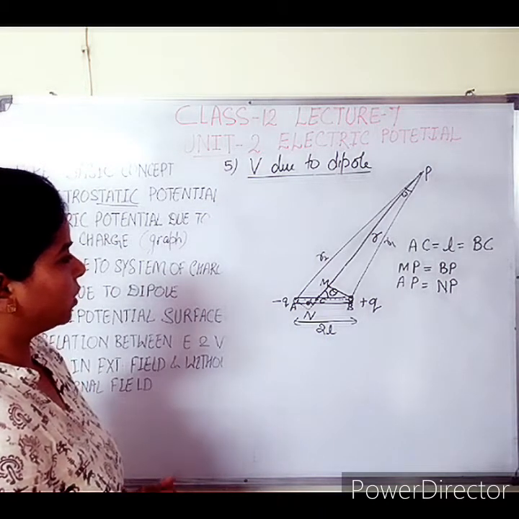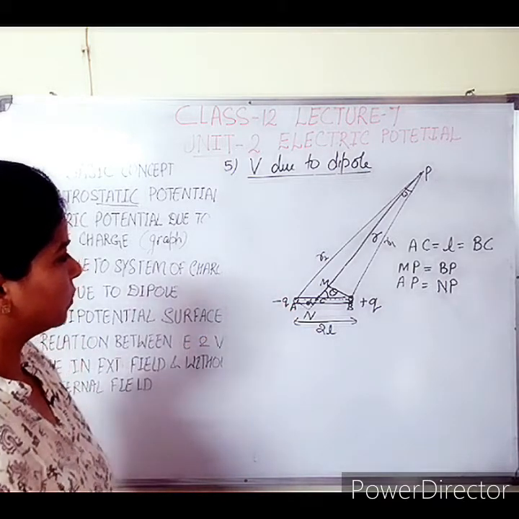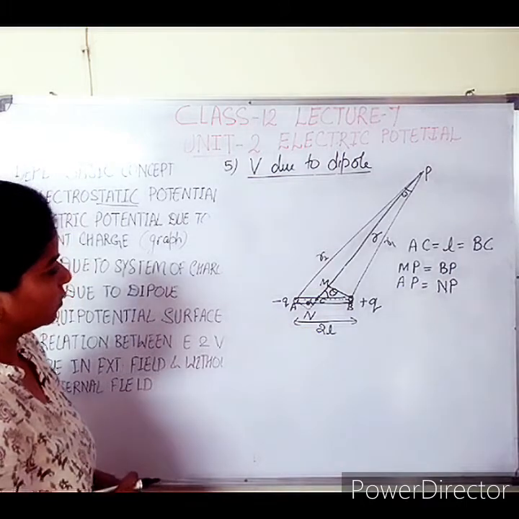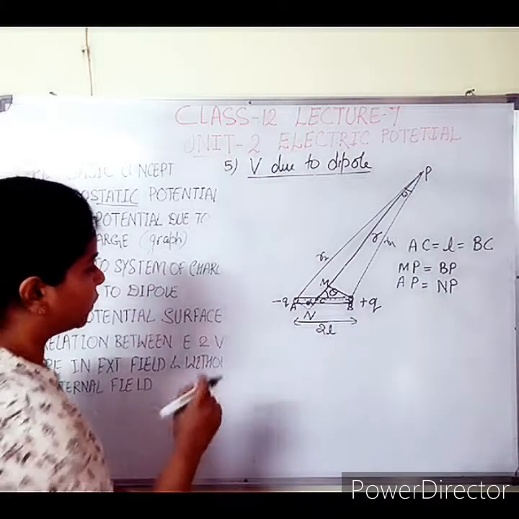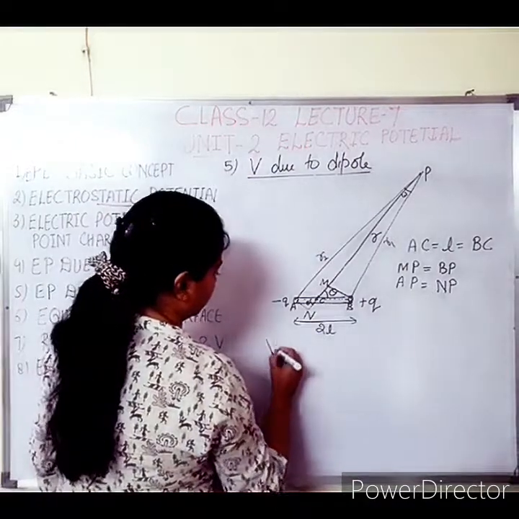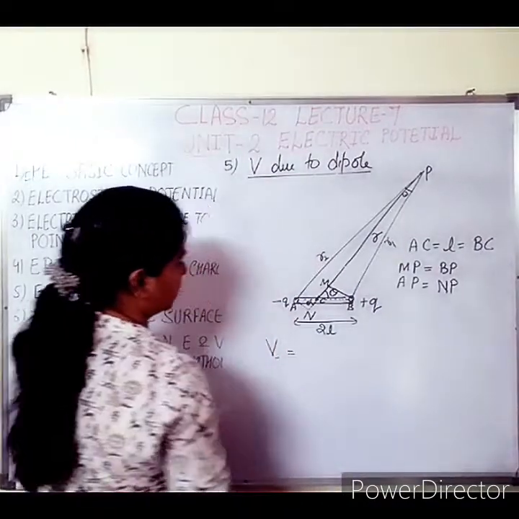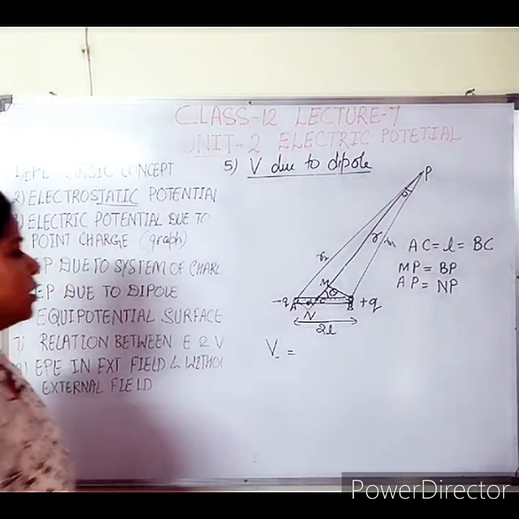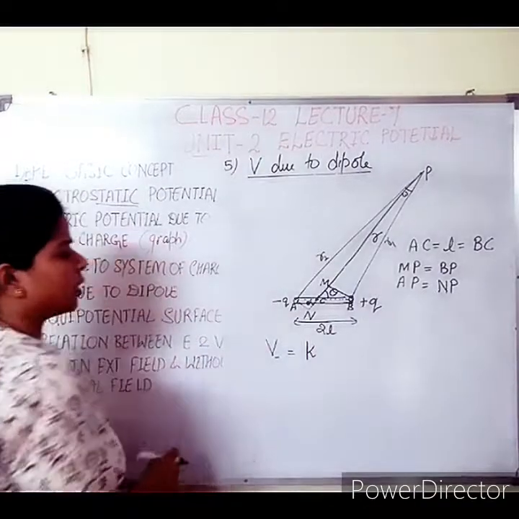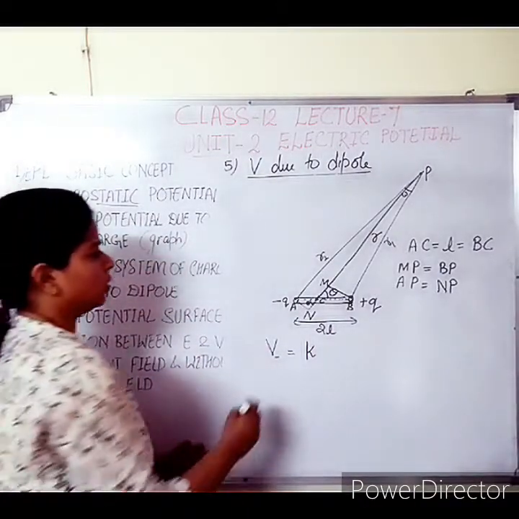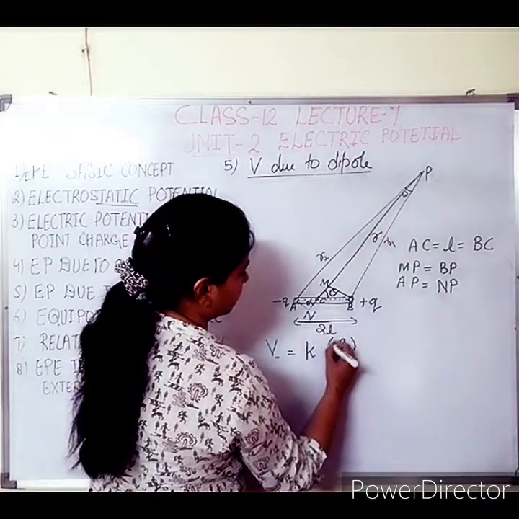We can calculate V minus. So V minus is equal to K, 1 over 4 pi epsilon naught times, so minus Q will come.